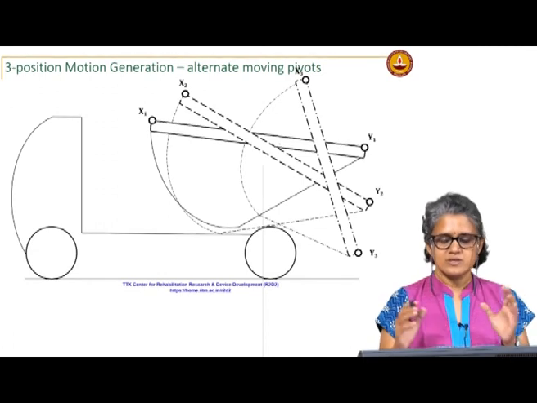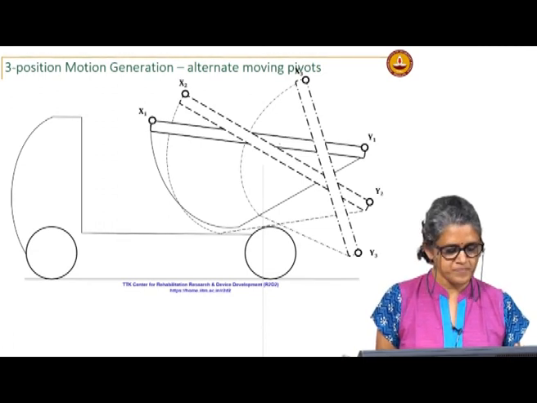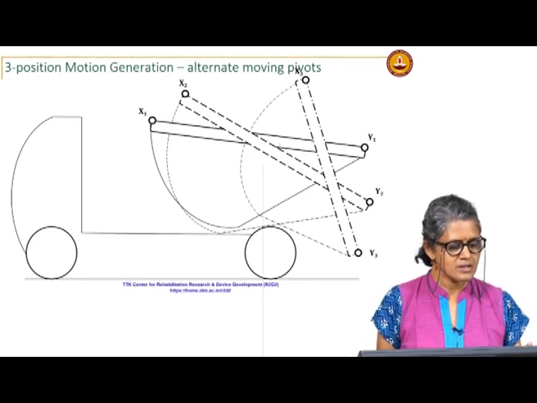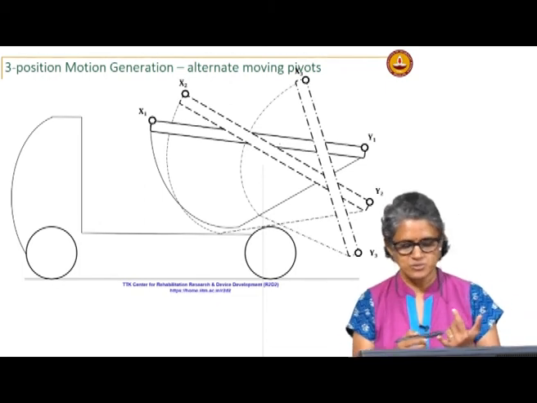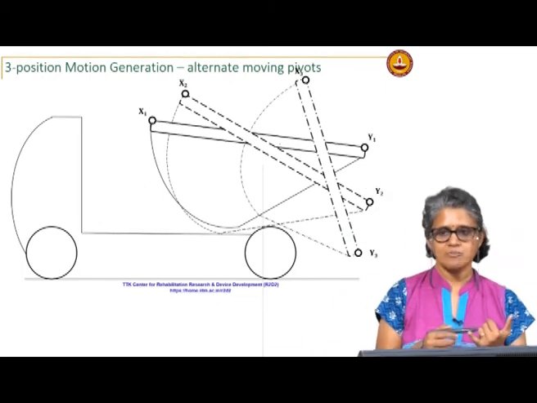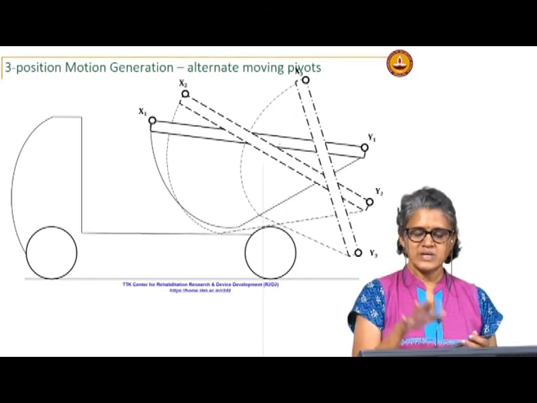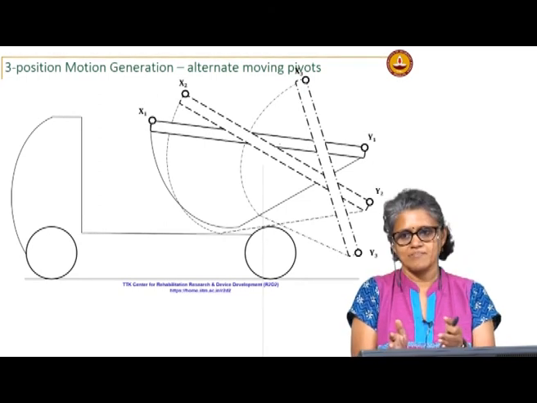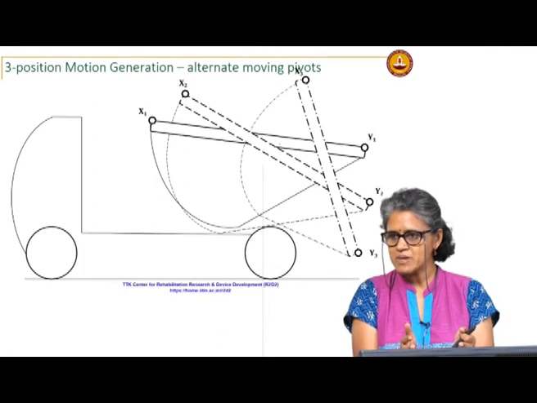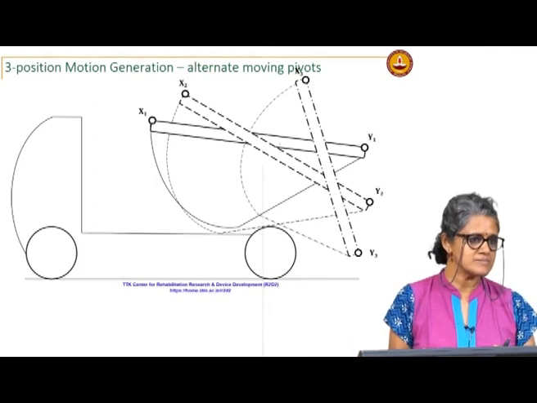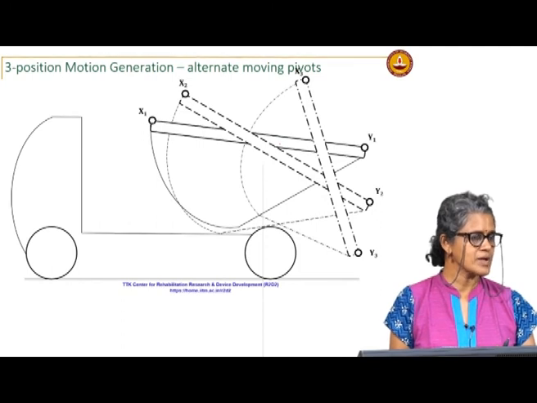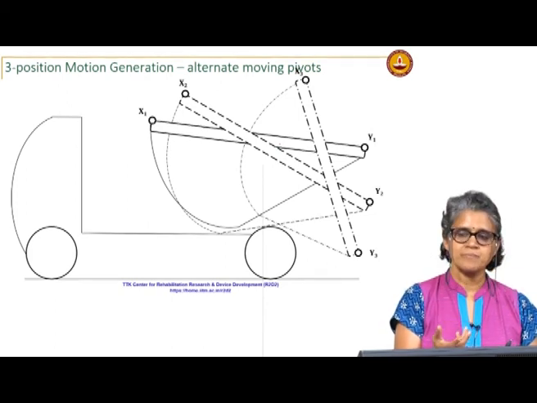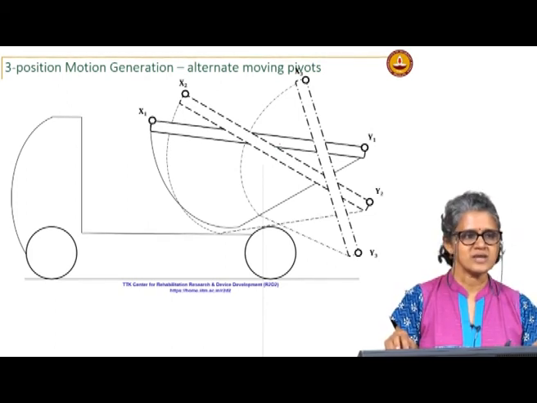Okay. So this is 3 position motion generation, and we have now looked at 3 position motion generation with alternate moving pivots as well. But here again it is still hit or miss. I may have to pick some other points A, B, and see if that lies within the bed of the truck. In real life situations you may be more constrained by where the fixed pivots are located.